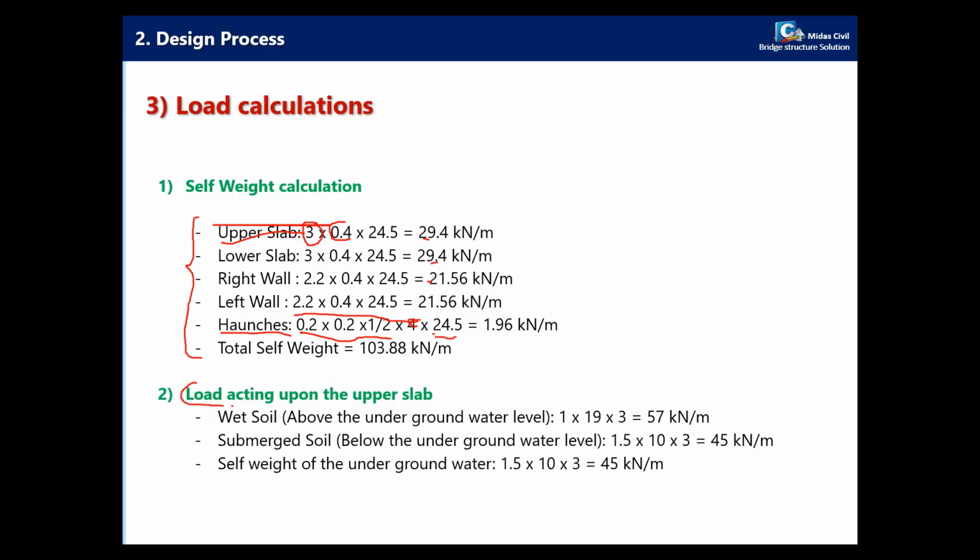This is the way you can calculate the load acting upon the upper slab. Let me explain a little bit about the section. Even if it's 2D, we consider 1 meter in this direction, so it's 1 times the unit weight of the wet soil times the width of the structure, which gives you this value here.